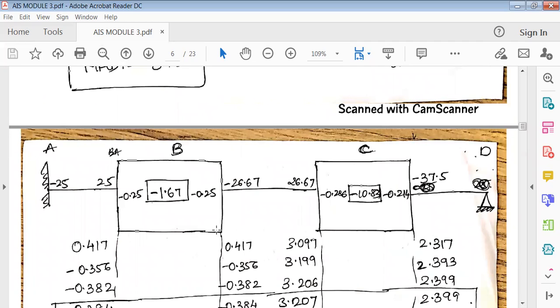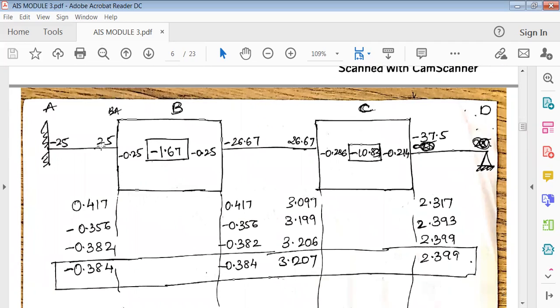Next, add this. So it is 25 minus 26.67, so it is minus 1.67. Write it here. Similarly, 26.67. At joint C, it is connecting both, so it is 26.67 minus 37.5, so it is minus 10.83. So these are the final values which we'll be using for calculations.